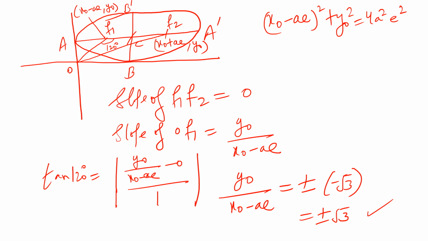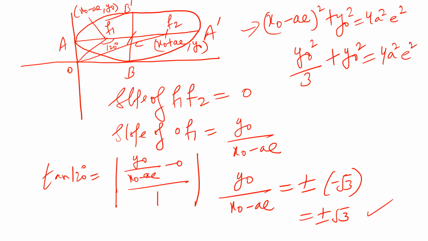I can write y naught square as 3 into x naught minus ae whole square, or I can even write x naught minus ae whole square as y naught square by 3. So this is obviously simpler. I will be writing x naught minus ae whole square as y naught square by 3 in the equation that we found earlier.